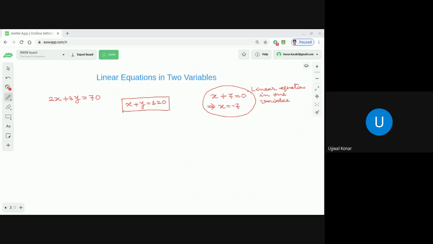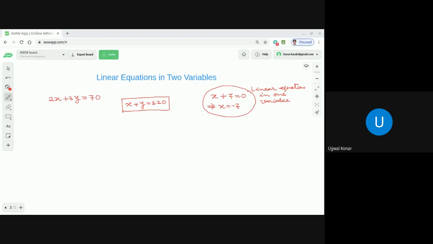Let me find a question. Suppose I say the sum of two numbers is 30 and the larger number exceeds the smaller by 6. Find the numbers. Let us spend some time to make a proper analysis of this particular question.